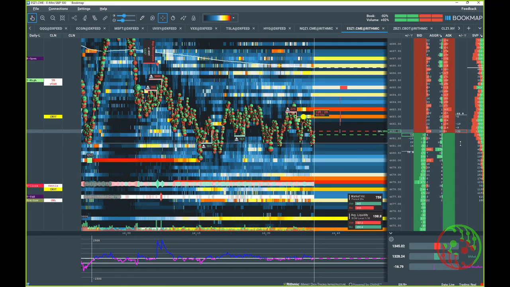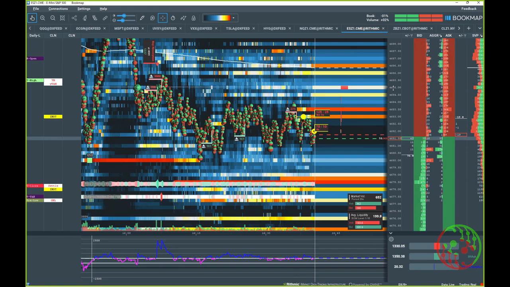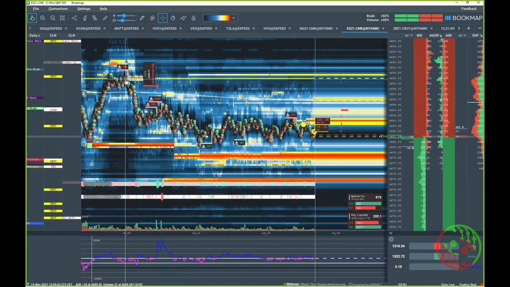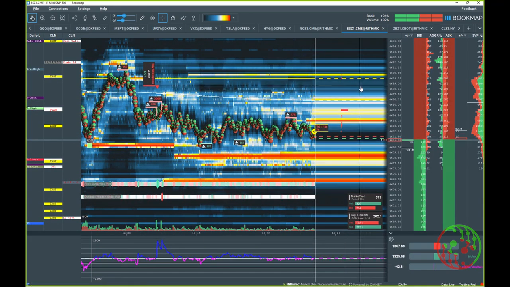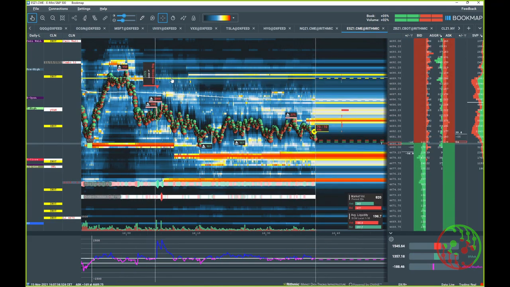Otherwise, there's a wonderful pattern, I love it, I call it the lure. It's a wonderful pattern when the price trades into an area at a certain price, and then they are simply supporting that on bid. You see liquidity on ask and you see liquidity on bid.